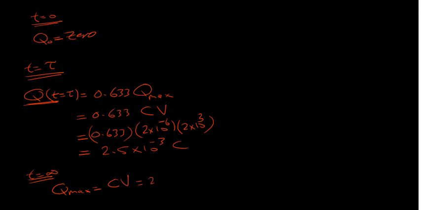It's 2 times 10 to the power minus 6 and 2 times 10 to the power 3, and that will give me 4 times 10 to the power minus 3 coulomb. That will be the maximum charge stored in the capacitor after waiting a long time to charge the capacitor.